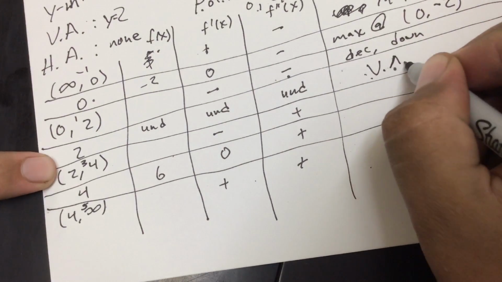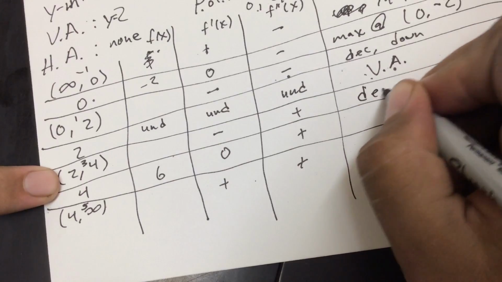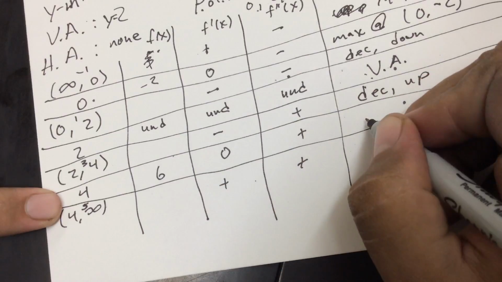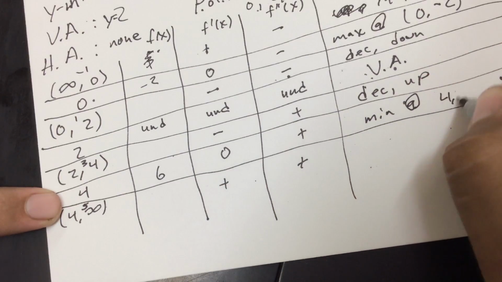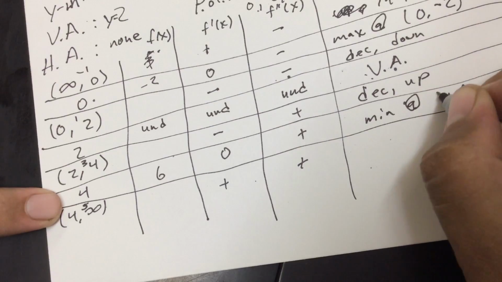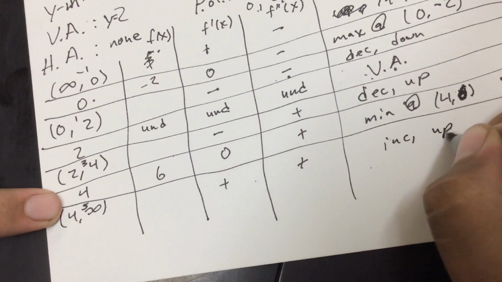Here's our vertical asymptote. Here we're decreasing and up. Here we hit a 0, so we do a plus, which means we're a min at our 4, 6. And then we're increasing and up.